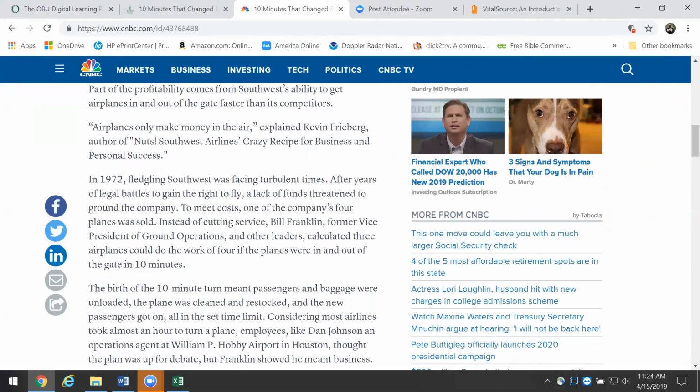Here's the deal. When Southwest Airlines understood, well, every airline company knows this: every minute that a plane sits on a tarmac, they're losing money. Planes are expensive, and you've got to have them operating.